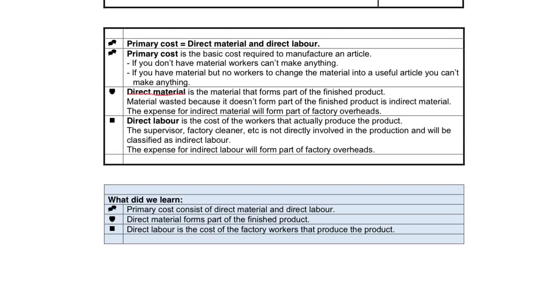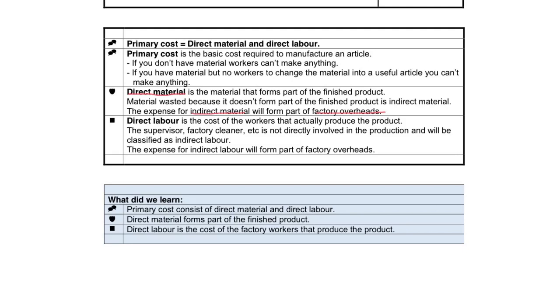All the material on the side that is lost because it's not part of the finished article will be indirect material. And indirect material forms part of factory overheads. So all the factory overheads are other expenses that we have to make the goods but don't form part of the actual product and the material that's included in that dress.